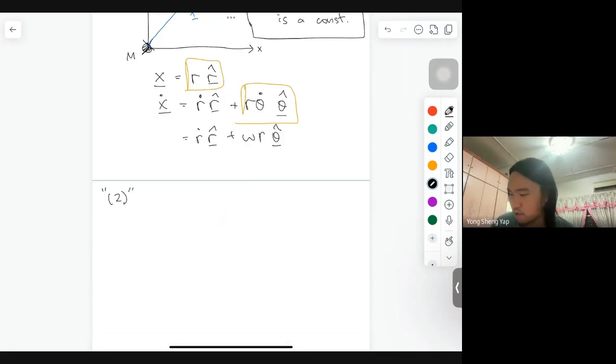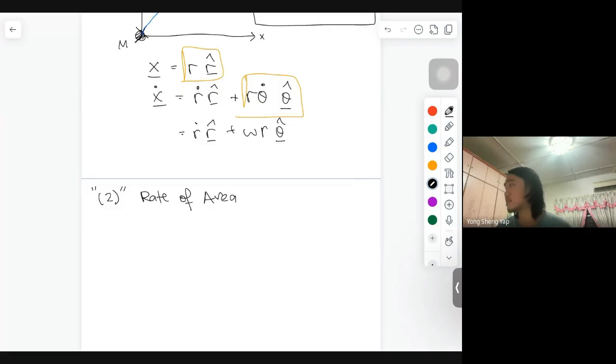The second conserved quantity is something called the rate of area. It's not actually a separate quantity that's conserved, and it's not something that is completely independent of the angular momentum.